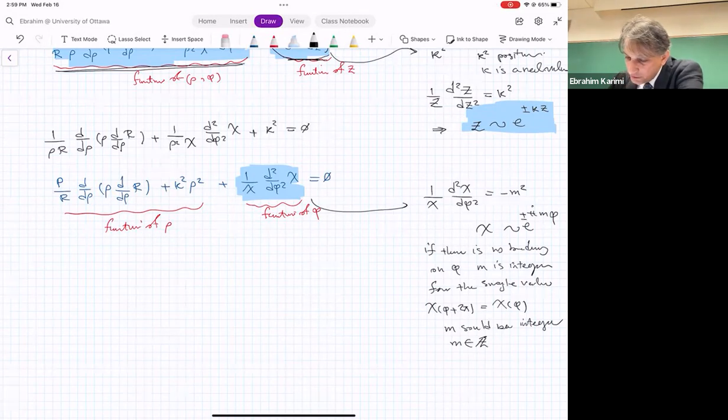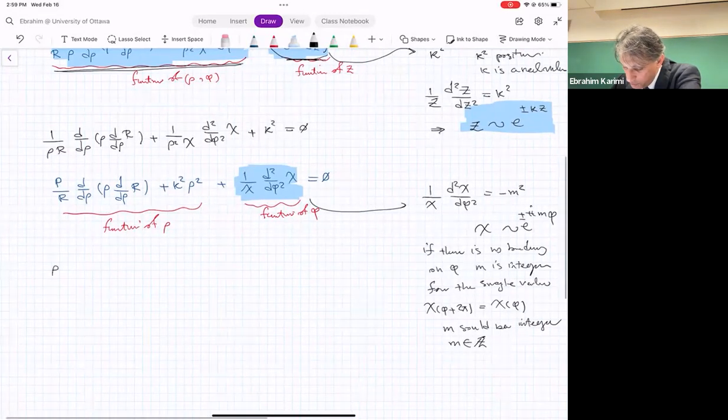What happens with the other term now? The other term is rho divided by R, d d rho of rho dR d rho, plus k square rho square minus m square equal to 0.